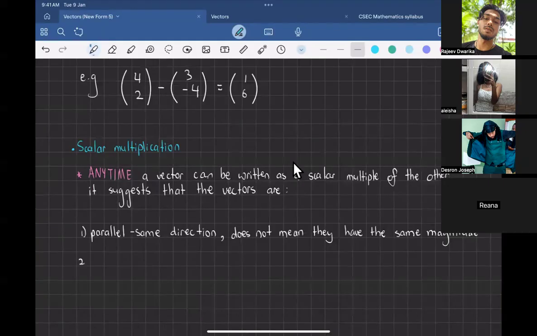Or you could say that they are collinear. What collinear basically means is that the vectors lie on the same line. I will explain the difference. Right, so copy that down.